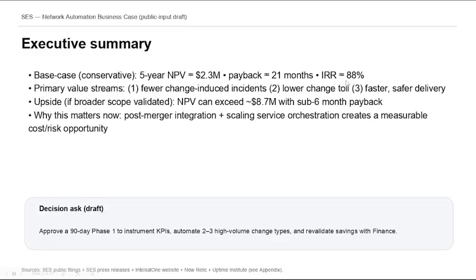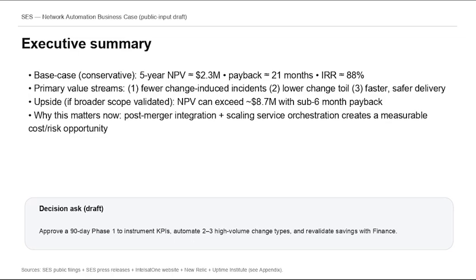All right, so the executive summary, which of course we'll go into more detail through the slides, but the key takeaway you'll be able to walk away with after going through the data in the slides is that the most conservative base case gives you back a 5-year NPV, which I think stands for net present value.